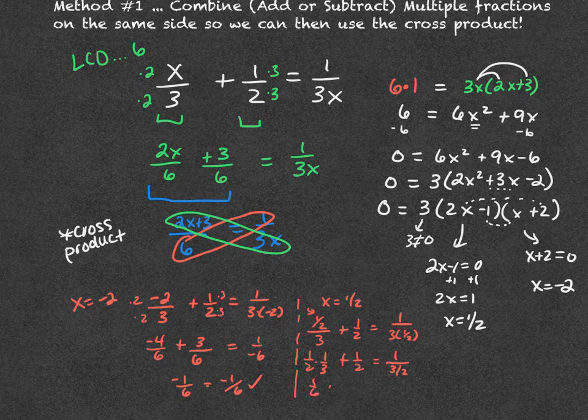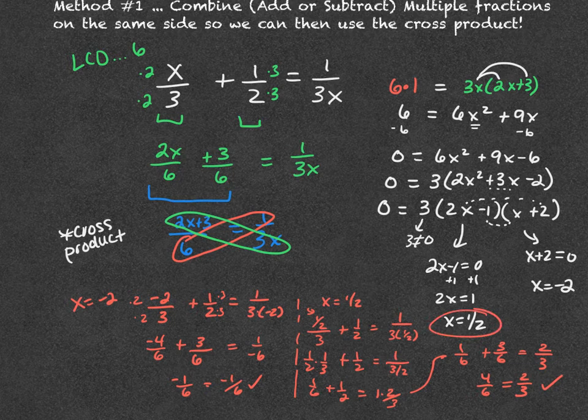So this is 1/6 plus 1/2. And again, here we'll multiply by the reciprocal, which is 1 times 2/3. So continuing my work, 1/6 plus 3/6 should equal 2/3. So we have 4/6 is equal to 2/3, and that is a correct statement. So both of these are solutions, so I'm going to indicate that they both work.